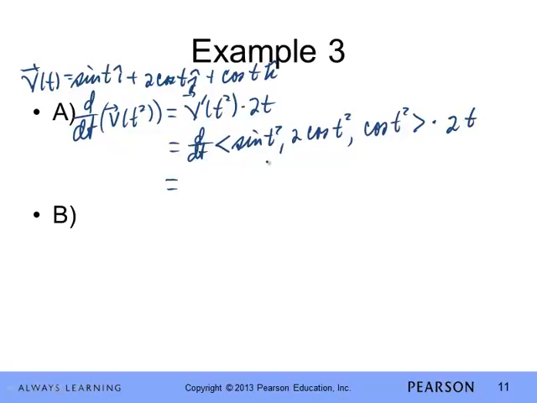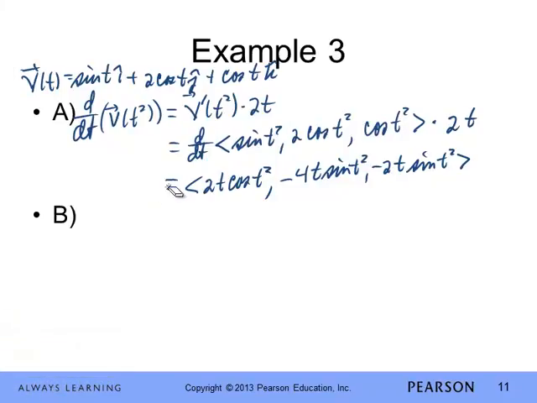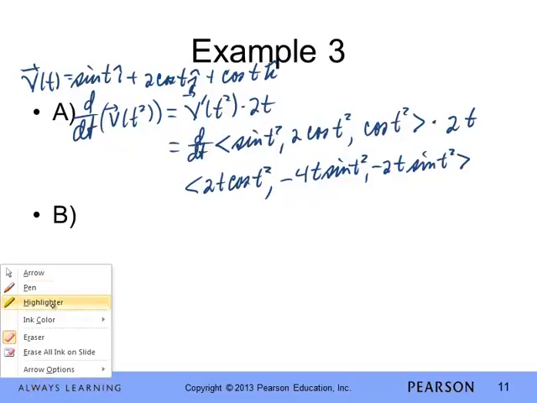So the derivative of sine of t squared is going to be what? 2t times cosine of t squared, comma, the derivative of 2 times cosine of t squared would be negative 4t times the sine of t squared, comma, the derivative of cosine of t squared, negative 2t sine of t squared, times 2t. It's customary for us to put scalars out front, so let's put the scalar 2t out front.